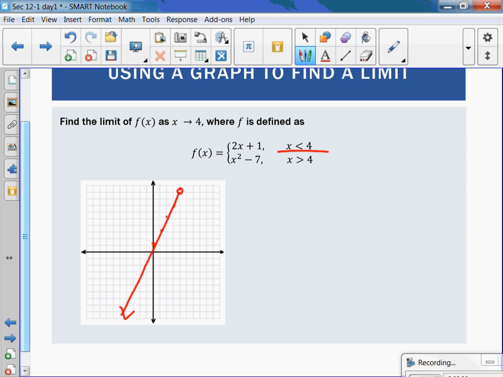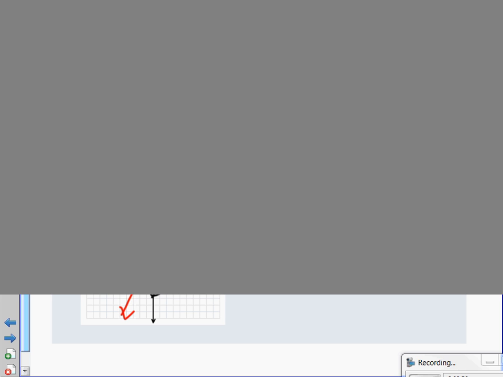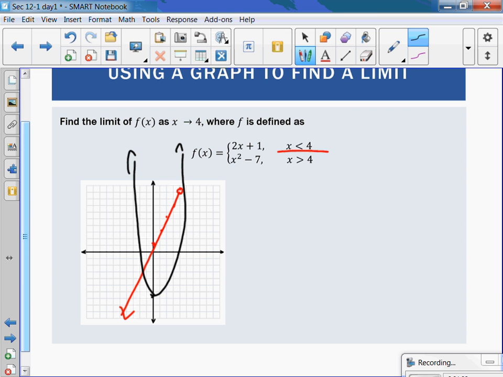So if I was to draw this graph, we'd have something like that, right? However, we only want what? John? What do we want? Absolutely, everything greater than 4.